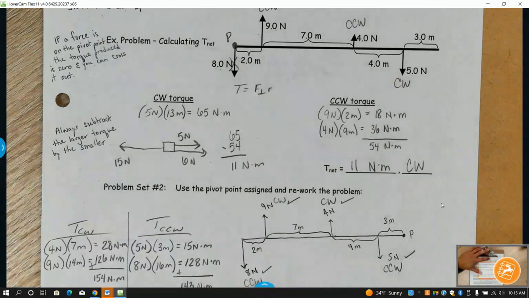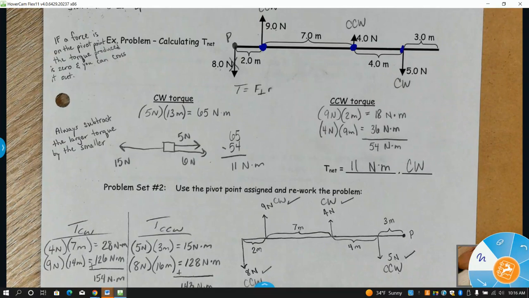So if you put the pivot point right here and redid the problem, you should come up with the same value. Or if you put it here and completed the same problem, or if you put it here, they should all come out to give us exactly 11 Newton meters clockwise.